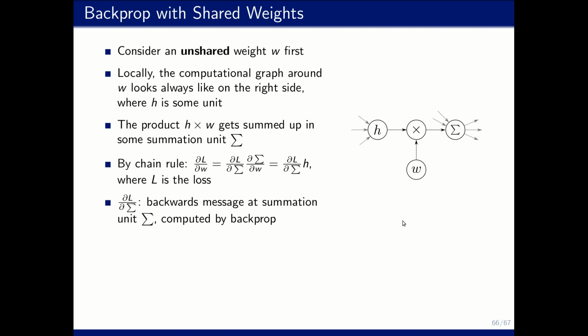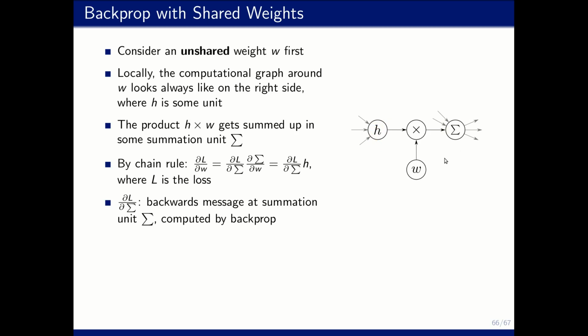So we are somewhere in our huge neural network and we are now really zooming in on this weight W here. What this weight W does locally is it gets the output of some hidden unit, multiplies it, and feeds it into the activation of the next unit. So this is the activation of a next unit, so just accumulate inputs, and in particular the weighted input from this unit here.